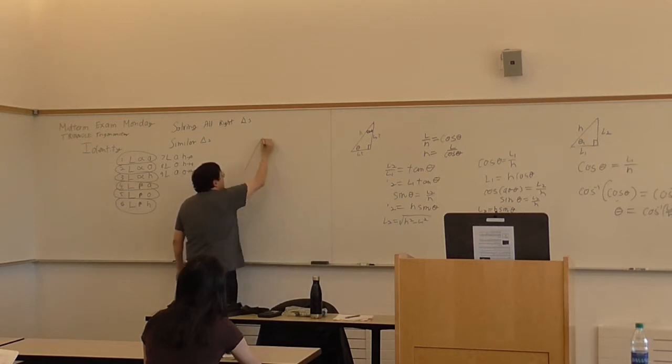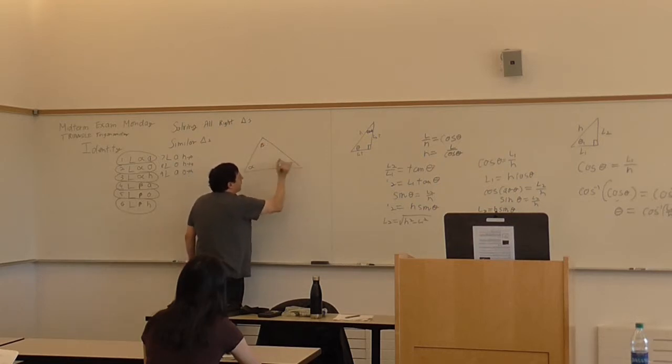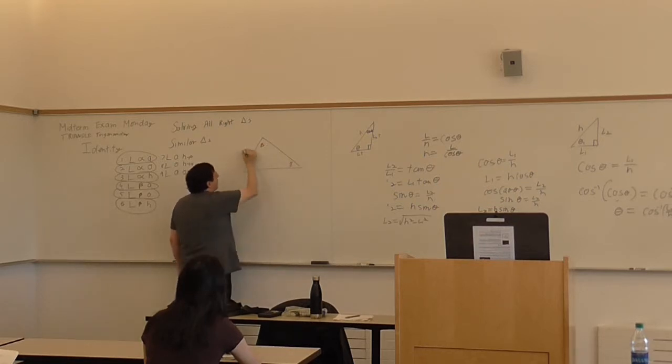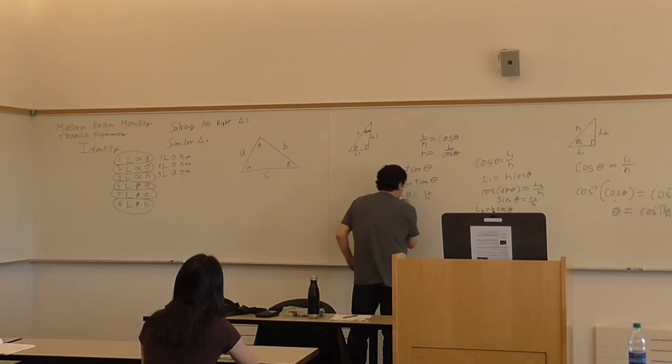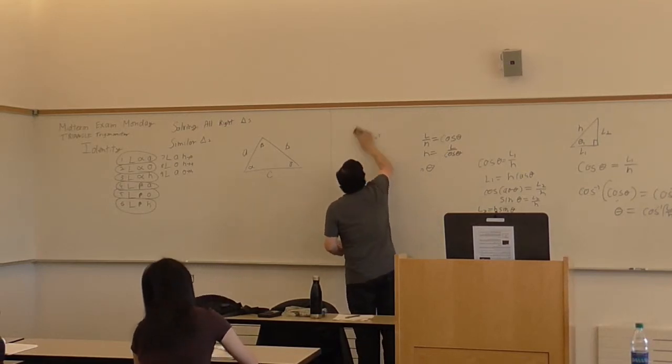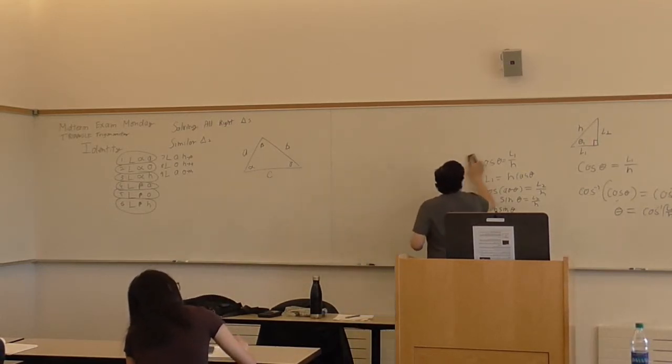Now we've got a triangle. It's got 3 angles, alpha, theta, gamma. It's got 3 sides, A, B, C. And what are the possibilities?